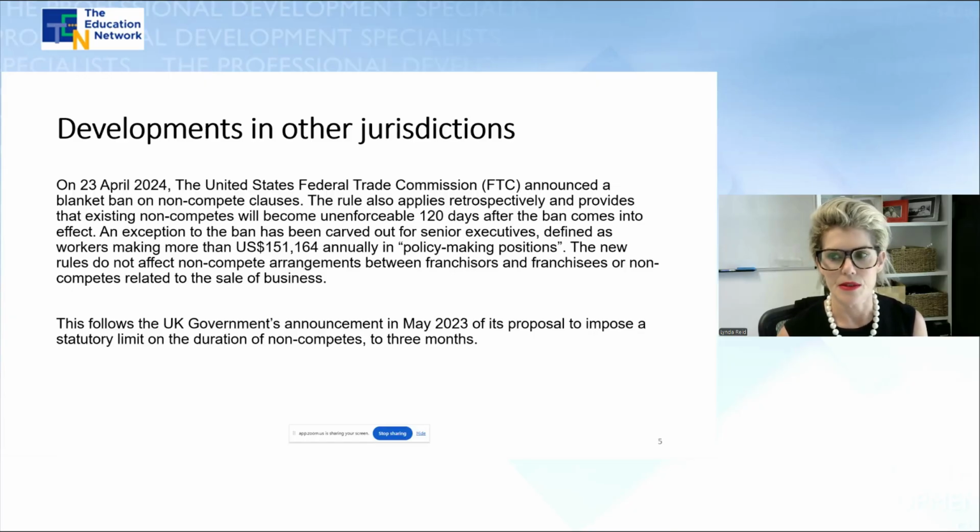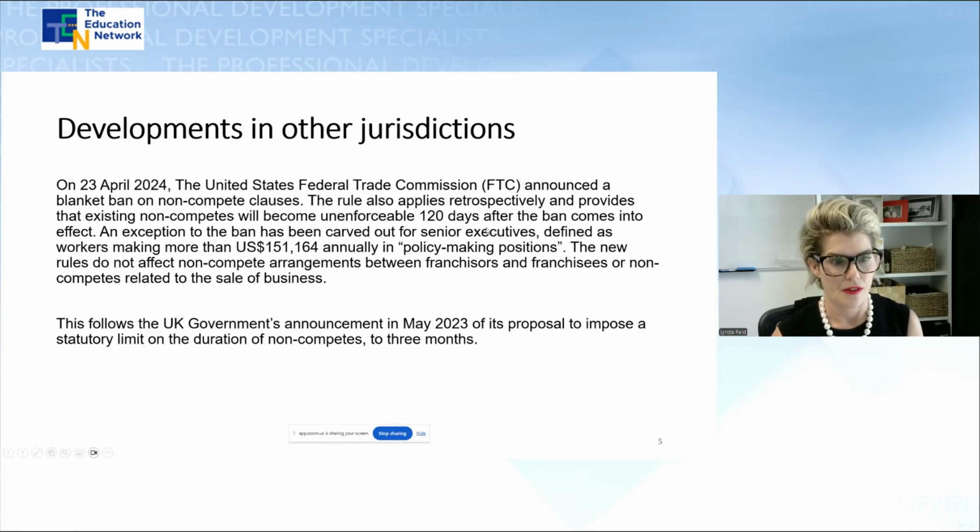Again, this is not something that has been considered in the business sale context, but really appears to be trying to address that inequality of bargaining power between people who might be coming in at entry-level positions or people who are in lower paid employment arrangements who really don't have any kind of effective bargaining power when they are entering into an employment contract with the employer.